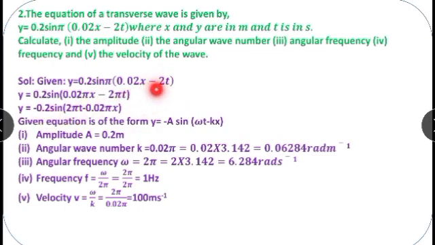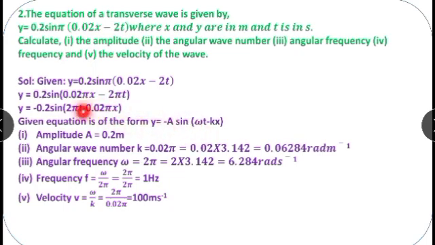So this negative sign comes here, and then 0.02 goes next to that. So we have to take minus outside. So minus 0.2 sine of, if we multiply the pi with these two values, then 2 pi t minus 0.02 pi x. So this is the equation of a transverse wave.